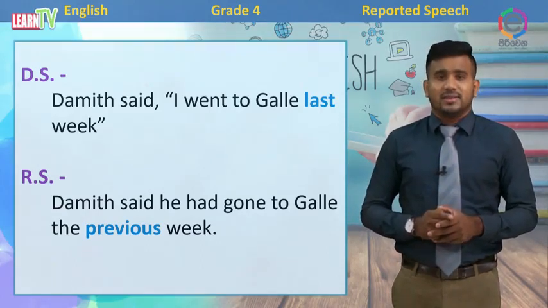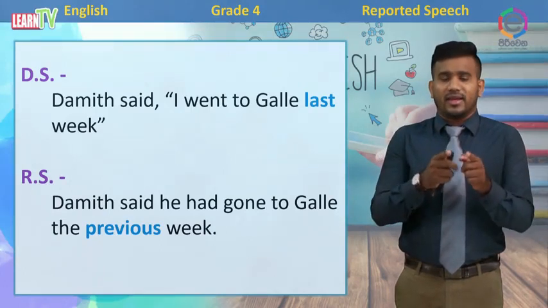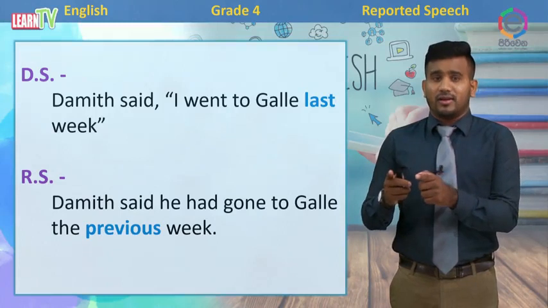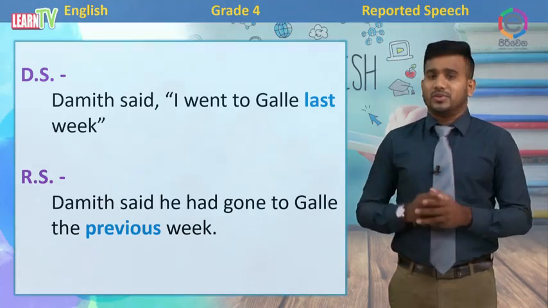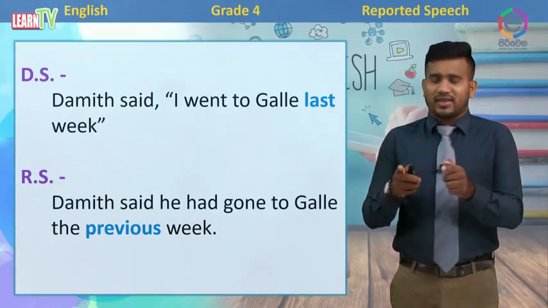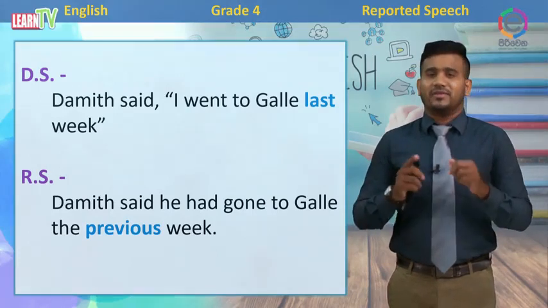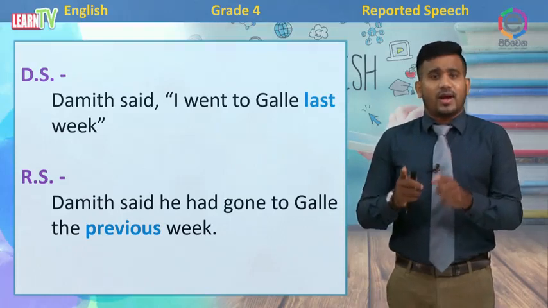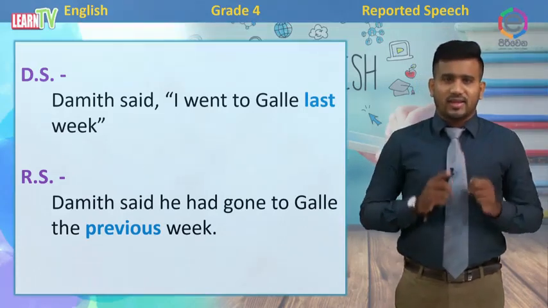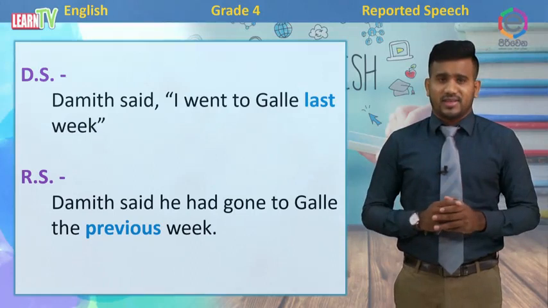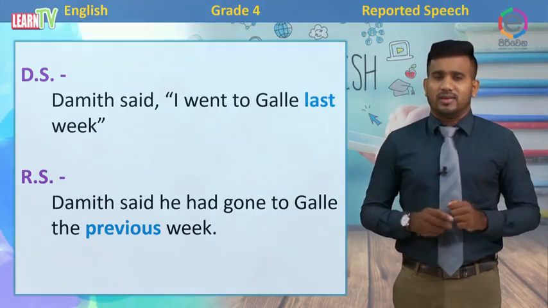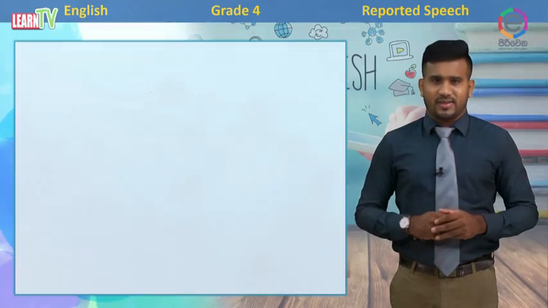As well as the pronoun I has been changed to he. I went to Galle, he had gone to Galle. Last week has been changed to the previous week. Damith said, "I went to Galle last week." In reported speech, Damith said he had gone to Galle the previous week.